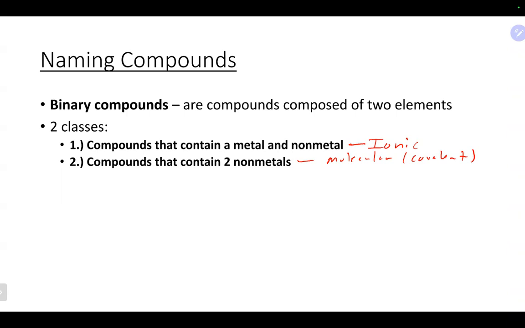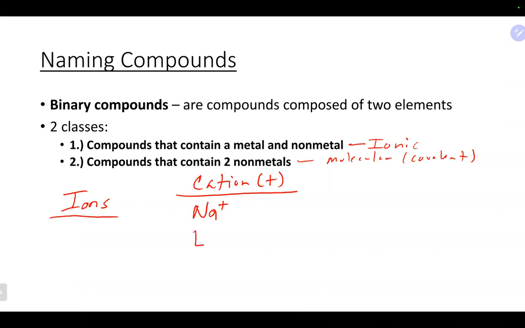When we have just ions by themselves, which are things that are charged, for example, if we have a cation, which are positively charged, like our sodium, that is +1, our lithium, there it is, +1. To name these, we actually just use the whole entire name of the element. So this would be the sodium ion.